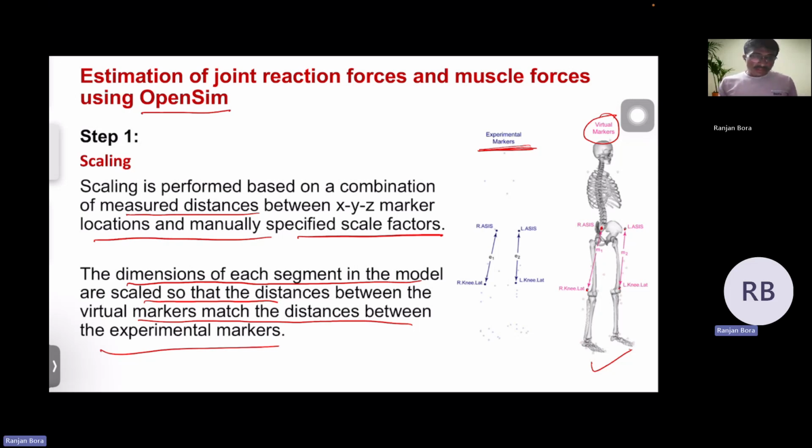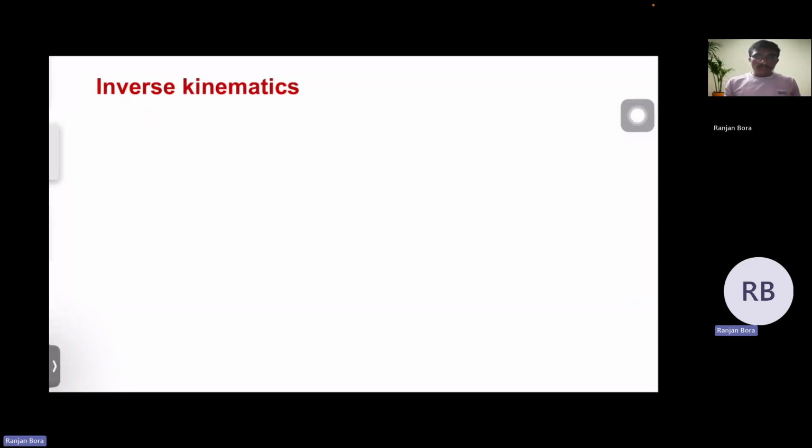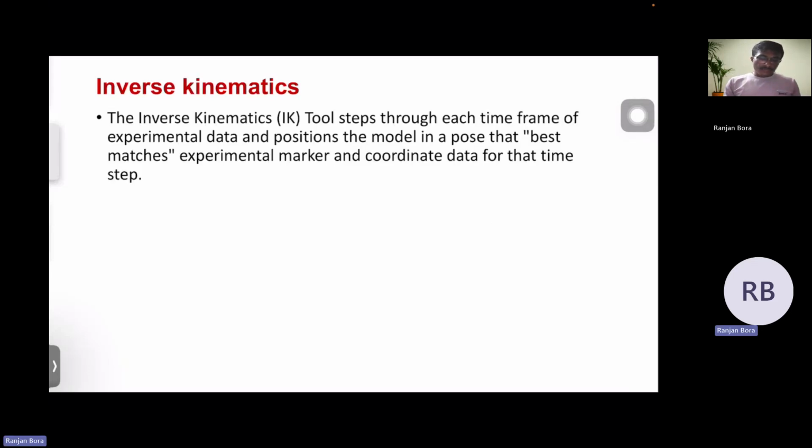And the next step is inverse kinematics, in which we use the kinematic data, which is measured in a gait lab, to estimate the joint kinematics, which are the joint angles. So the inverse kinematics tool steps through each time frame of experimental data and positions the model in a pose that best matches experimental marker and coordinate data for the time step.